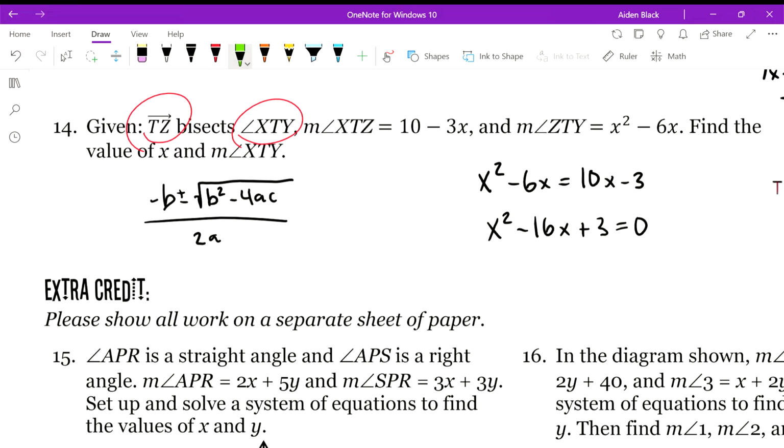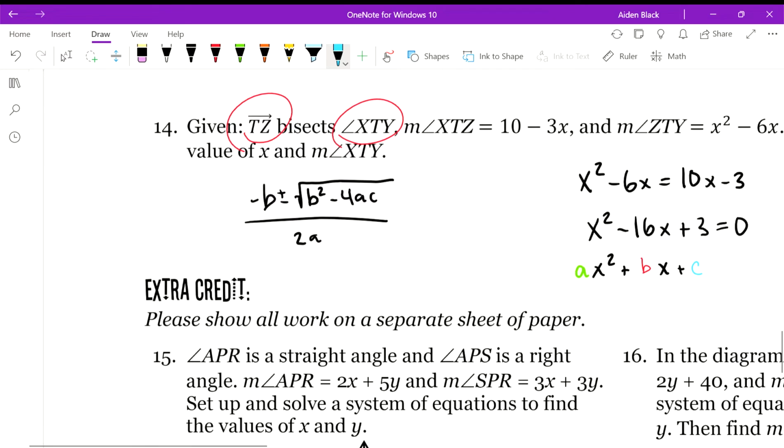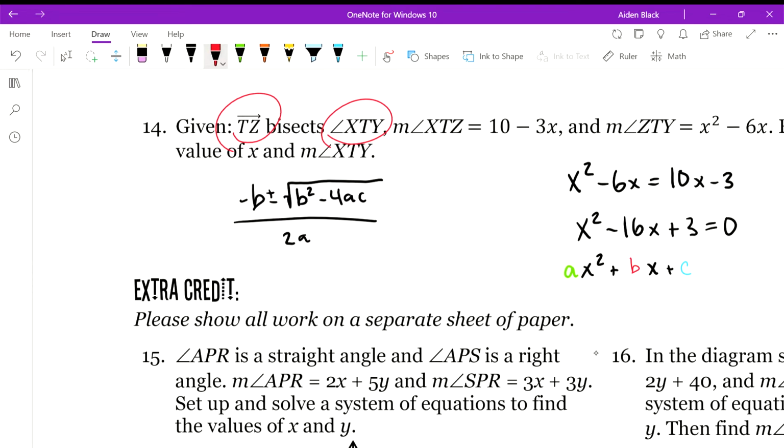Now, if you guys don't recall, these are the a's, x's, and b's. Just color coordinate them. So in this case, we have negative b, we have our b squared, and then our a is right here, and our c is right here.